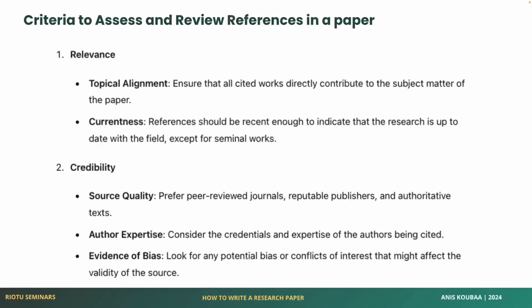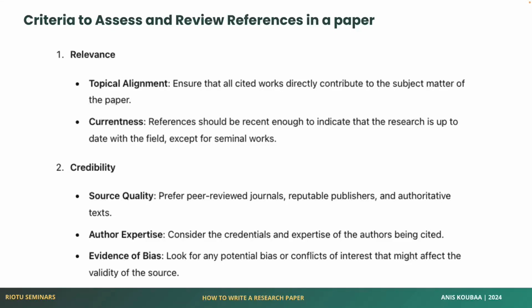Okay, the criteria to assess and review references in a paper. The relevance, so topical alignment: you must ensure that all the cited works directly contribute to the subject matter of the paper. The correctness: the reference should be recent enough to indicate that the research is up to date with the field, except for seminal works.